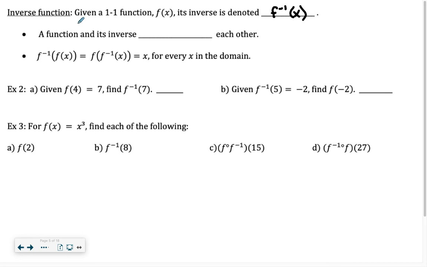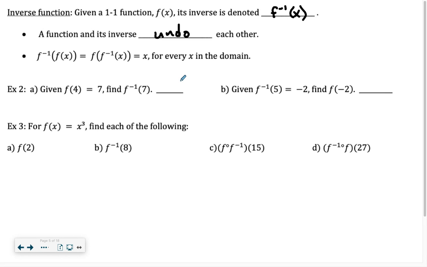So the big takeaway for an inverse function: a function and its inverse undo each other. They cancel each other out. Just like simple inverse operations like addition and subtraction undo each other. Multiplication and division undo each other.